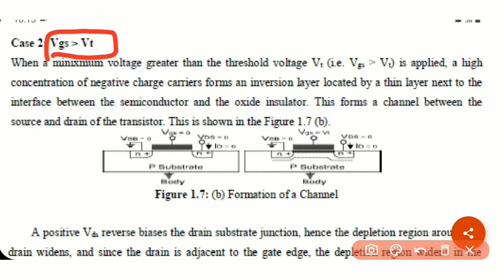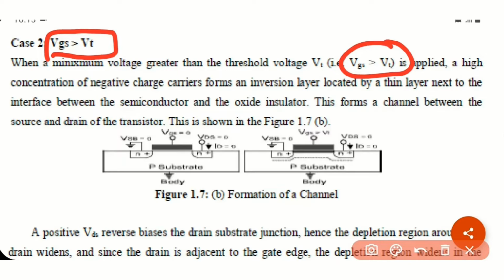When a minimum voltage greater than the threshold voltage, that is VGS greater than VT, is applied, a high concentration of negative charge carriers forms an inversion layer, located in a thin layer next to the interface between the semiconductor and the oxide layer. So a layer of charge carriers will be formed. This forms a channel between the source and the drain of the transistor.